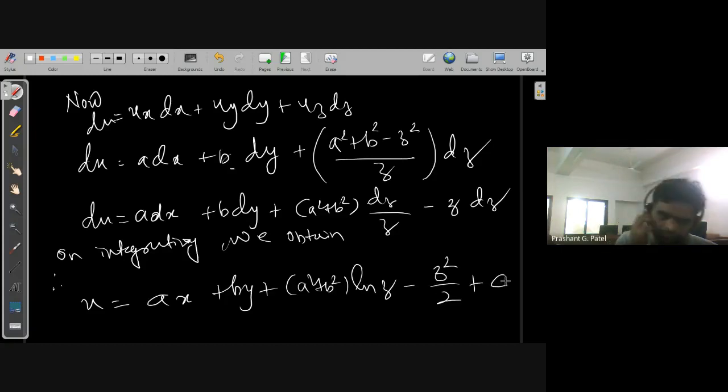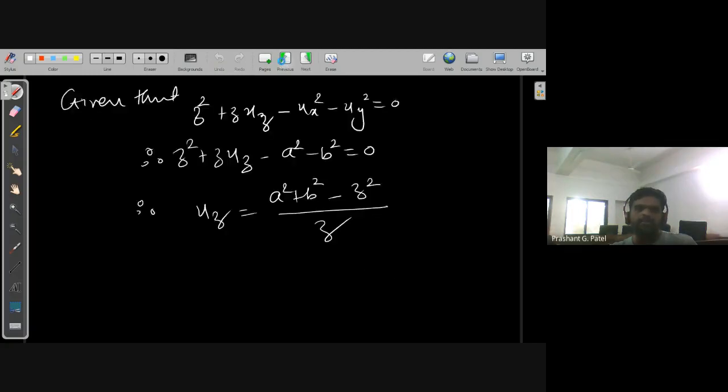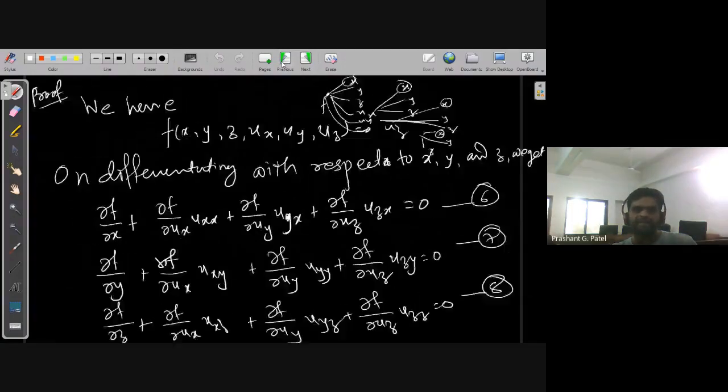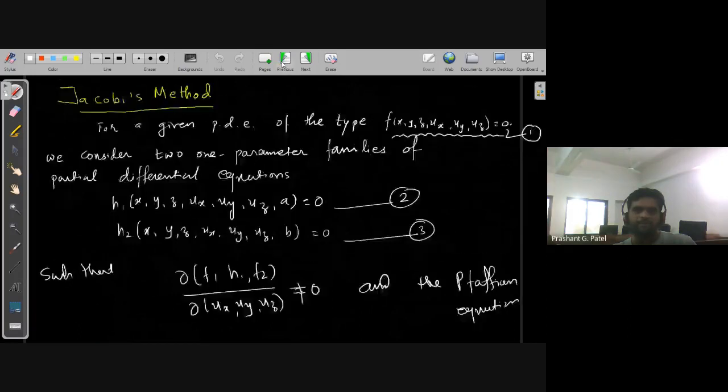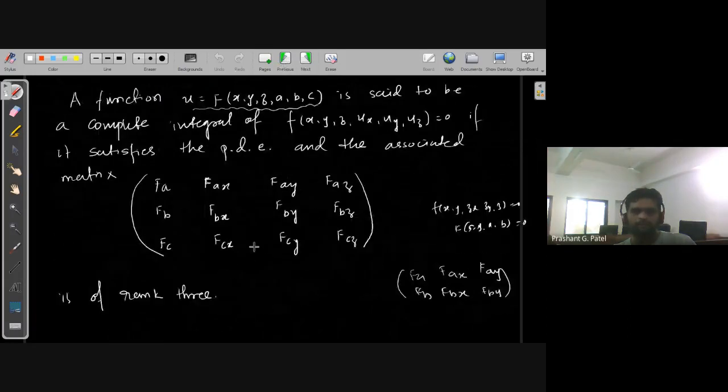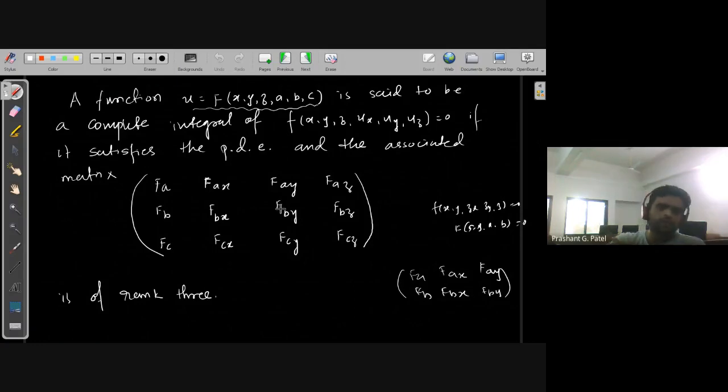constant c. If you want to check whether this solution which we got is a complete solution, then you have to check that this matrix that we have here is of rank 3, and we already computed that it is of rank 3, and our theory says that it is a complete solution.